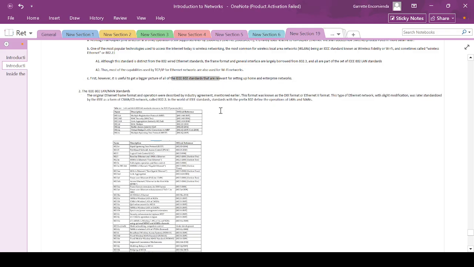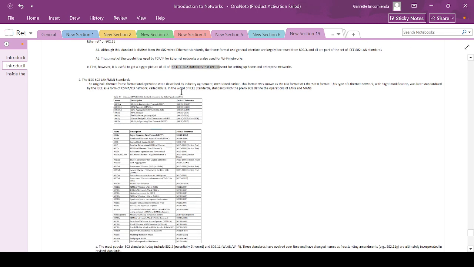Before we get into Wi-Fi networks, we need to be familiar with the standards that are relevant for setting up Ethernet LAN home networks or an enterprise or company network. So the IEEE 802 LAN and MAN standards.